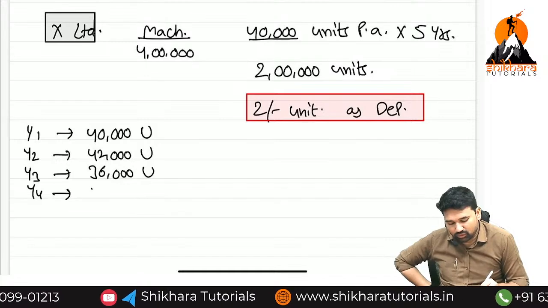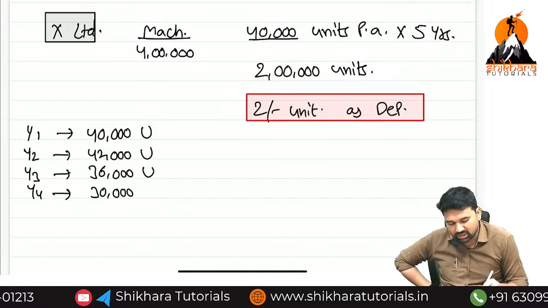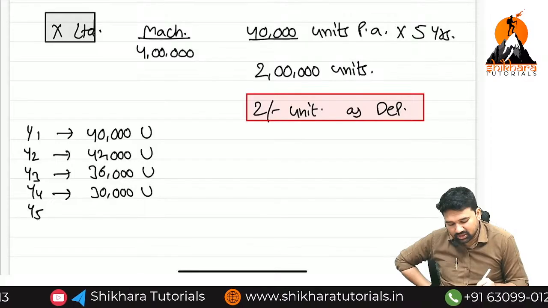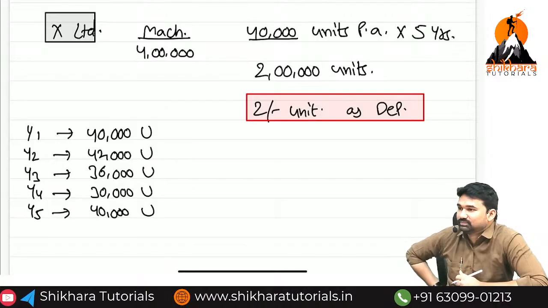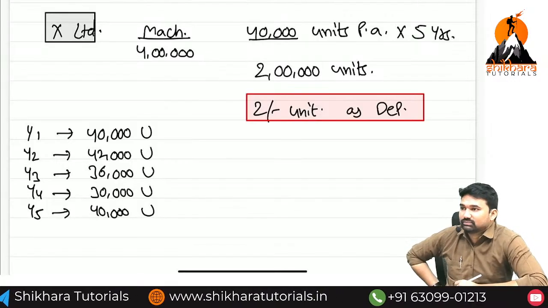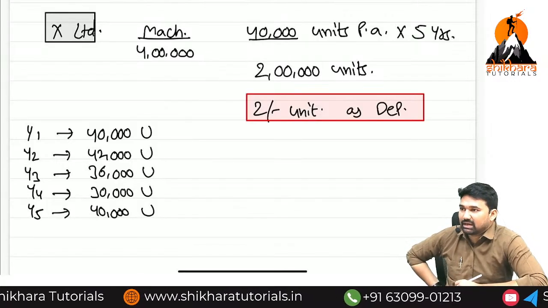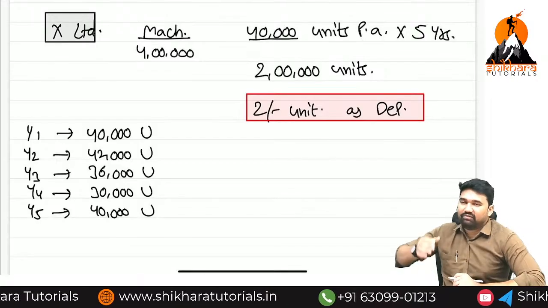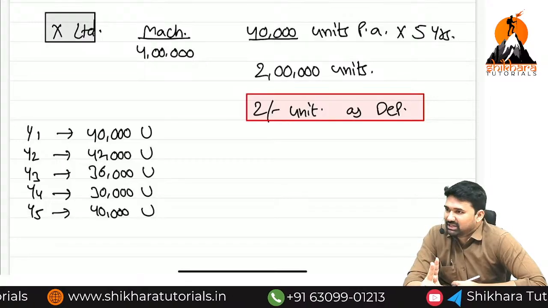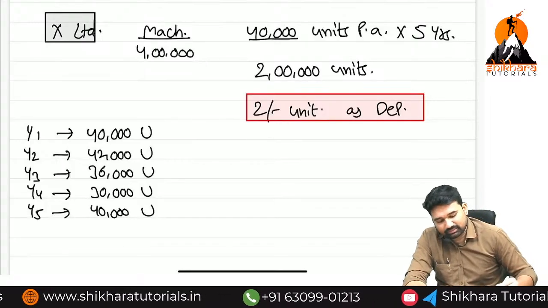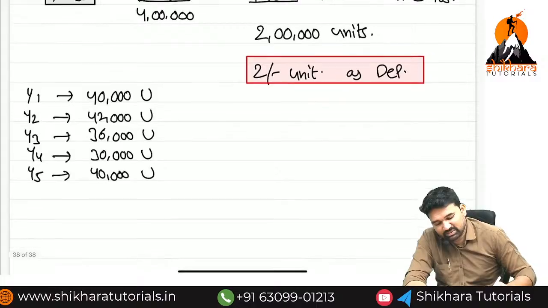Year 4, we produced 30,000 units. Year 5, we produced 40,000 units. Clear? Listen carefully. We decided to charge how much? 2 rupees per unit, right? So in the first year, how many units have been produced?